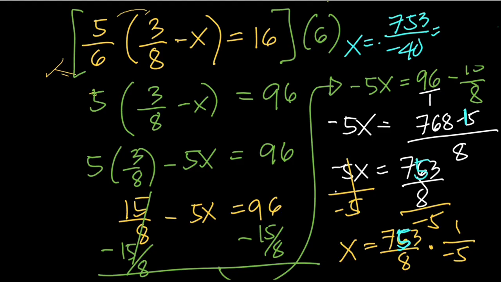So 753 divided by negative 40 is negative 18.825. So the answer here from the choices is the second one. It's quite long, right?